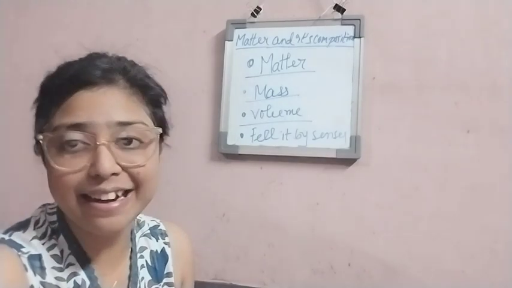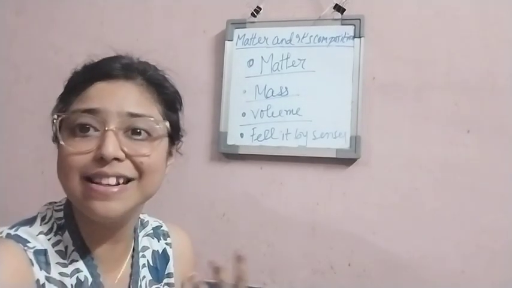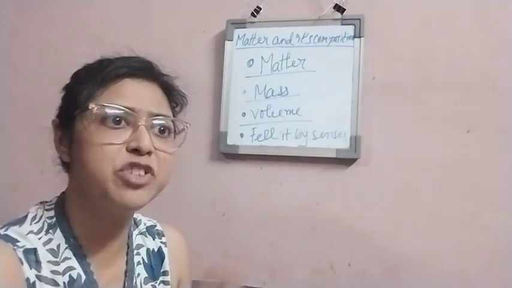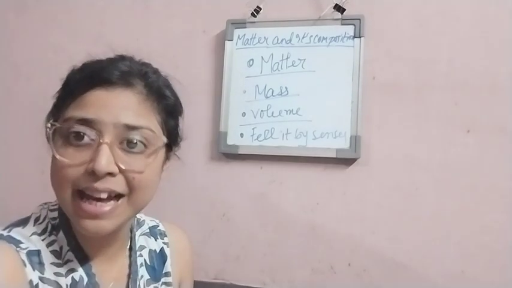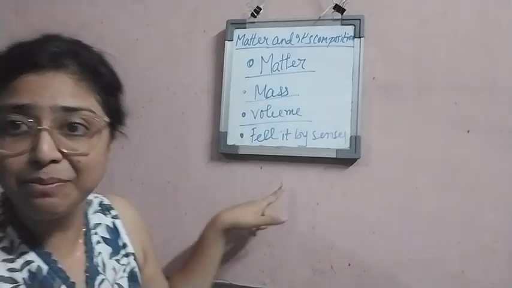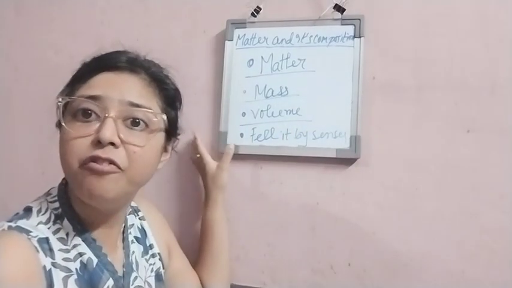As I said earlier, each and everything which we are surrounded by is an example of matter. That is the chair, it also occupies space, the phone, everything. This whiteboard also occupies some space, and if I want to push it, I need to apply force on it.